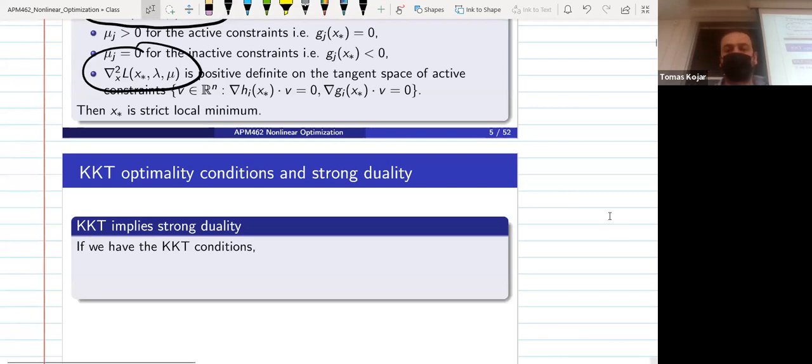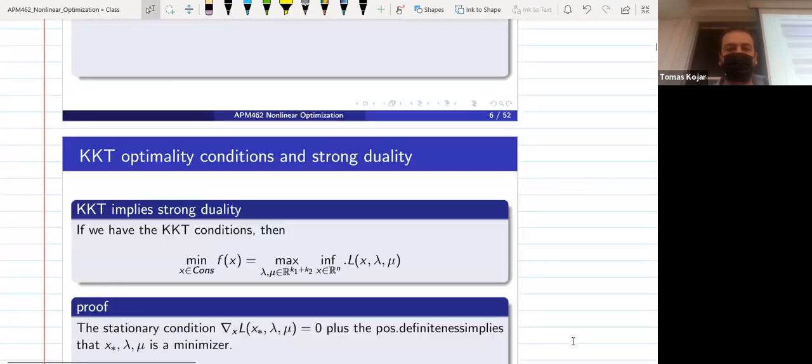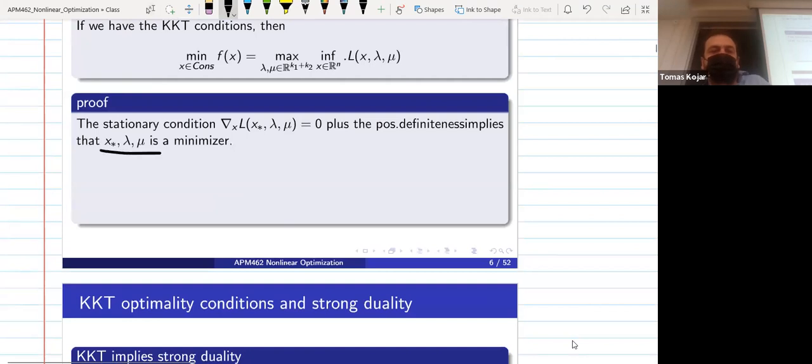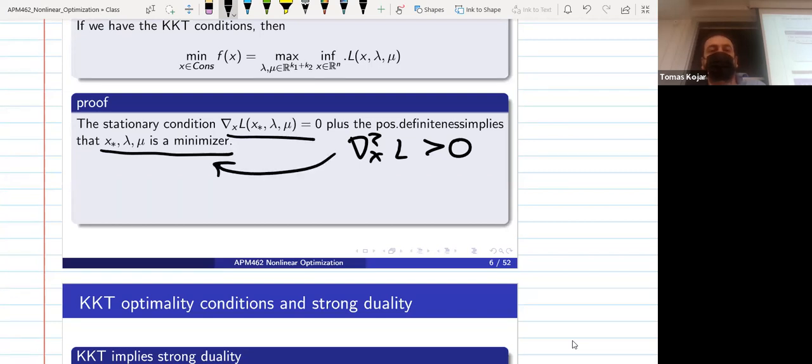Okay, so you put the two together and you have that this guy is a minimizer, right? Is that okay? So the Hessian of the Lagrangian is this guy plus this gives you this. That's from second week. Okay?